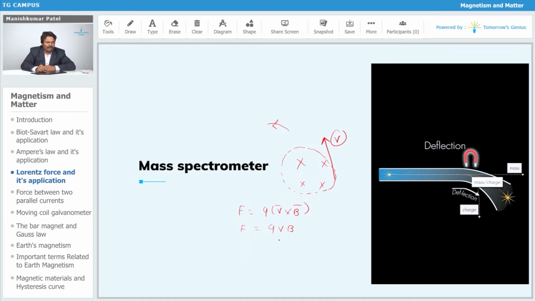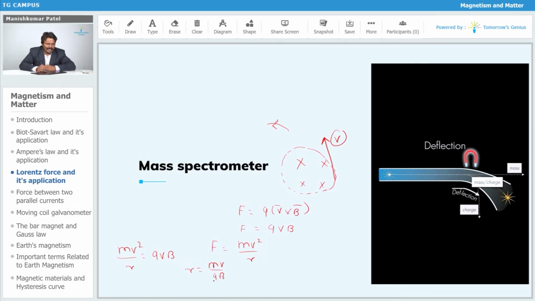Because of this circular motion, the centripetal force is required. So comparing these two equations, mv squared upon r is equal to qvb, and one of the v cancels, so r equals mv upon qb.